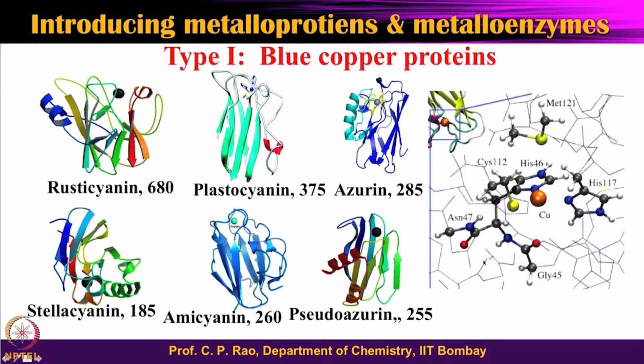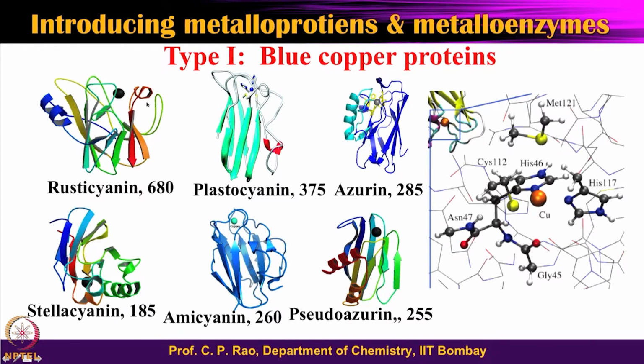Now, let us look at the enzymes. This is an enzyme, and this is the copper center. This is an enzyme, and somewhere here is a copper center. Again here, somewhere here is a copper center, and in all these proteins, the protein has a lot of structure, and the copper center is roughly towards the terminal end, some of them a bit more exposed than the others.